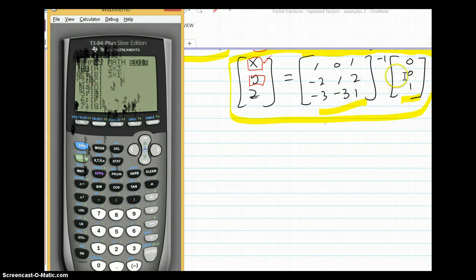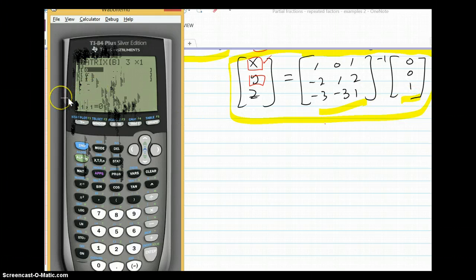That would be number 2, enter that, and if that's not a 3 by 1, make it a 3 by 1, and then enter the numbers 0, 0, 1, just as it is over here.